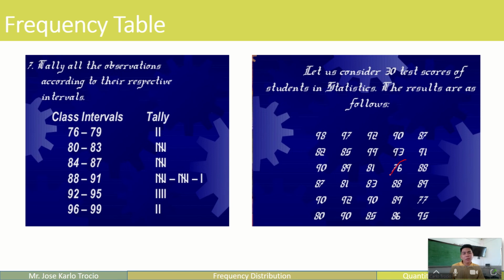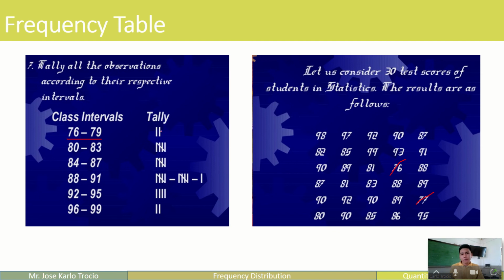So we have here 76. Include the numbers, the data here that are part of this class interval. It could be 76, 77, 78, 79. So we have 77. Can we find more? There are no more data that are included in this class interval.